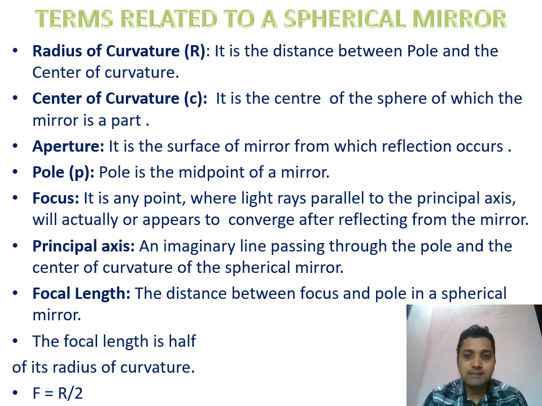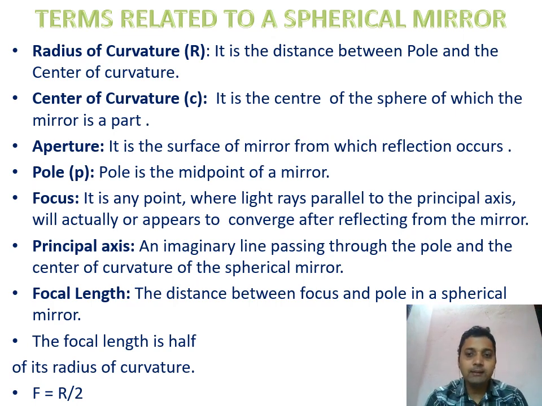And the principal axis is an imaginary line passing through the pole, center of curvature and focus of the spherical mirror. The distance between focus and pole is the focal length, that is P to F, whereas pole to C, the center of curvature, is the radius of curvature.